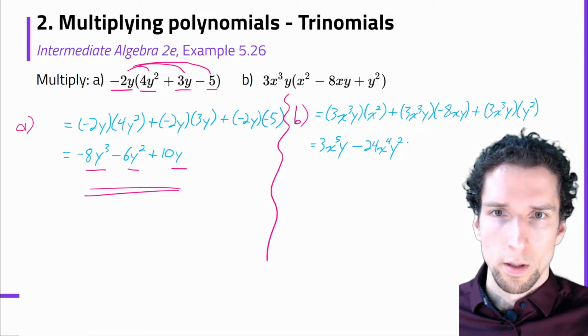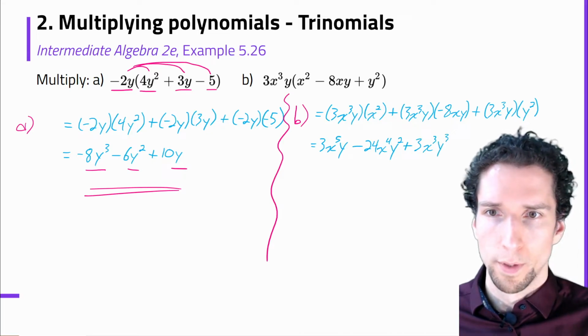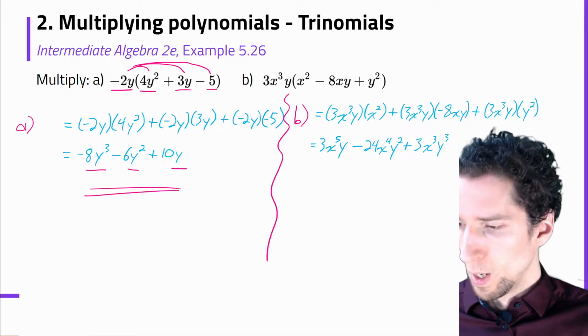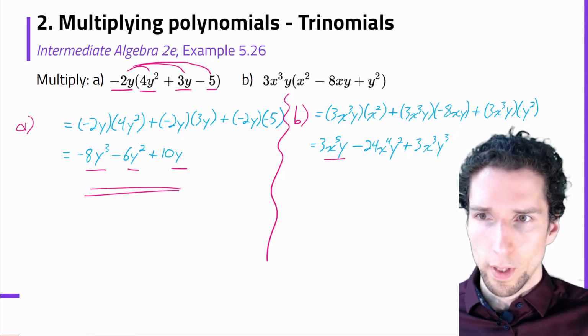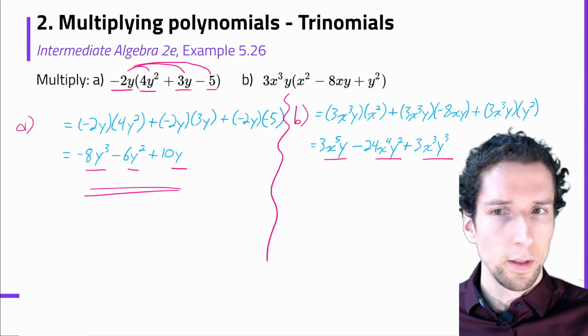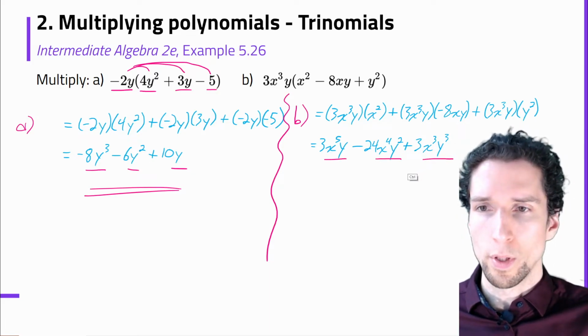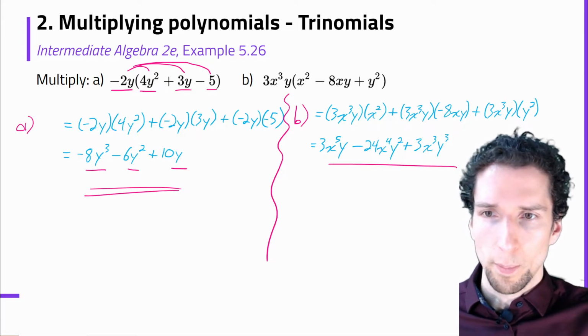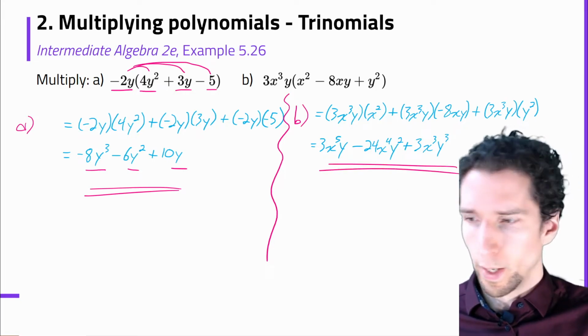And then our last thing will be plus 3x cubed y cubed. Okay, so we look at our terms. We have an x to the exponent 5y, x to the exponent 4y squared, and x cubed y cubed. We cannot combine those. So those have to be separate. And there is our answer here.